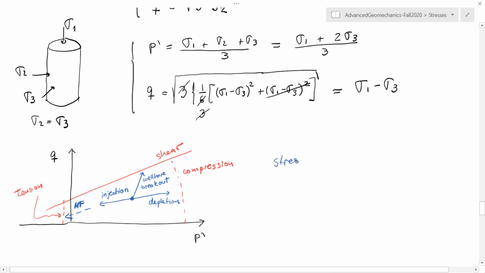And this is something that we're going to do later on, but we see right now what is the use of these invariants. Okay, this is everything for this lecture.